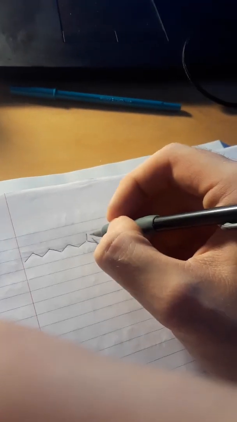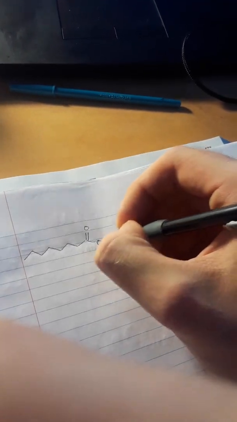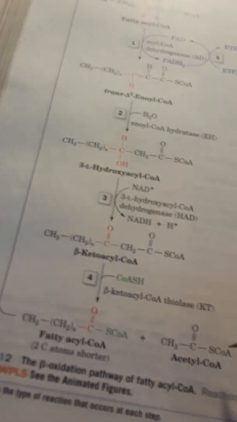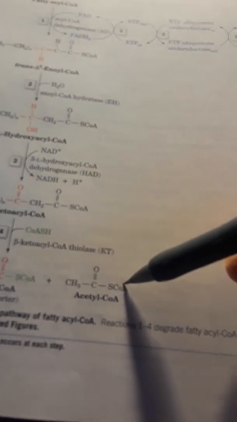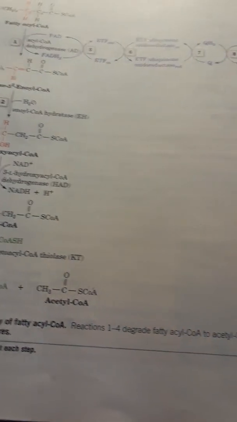So, basically, our fatty acid chain, it's whatever, like that. So that's a fatty acid. What this does is it cleaves it at every second carbon, so we're going to see this happening. And each time it does it, it produces an acetyl-CoA every single time it breaks off.